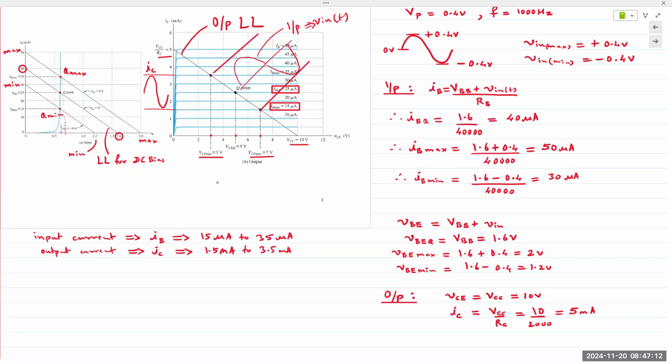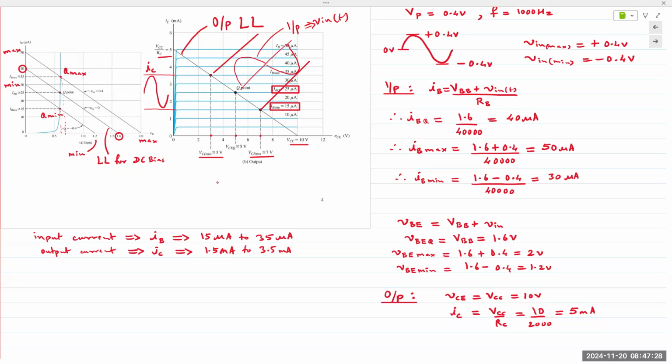The beta also increases, but does this make sense? Very small input current change results in a very large output current IC. Also, look at this.